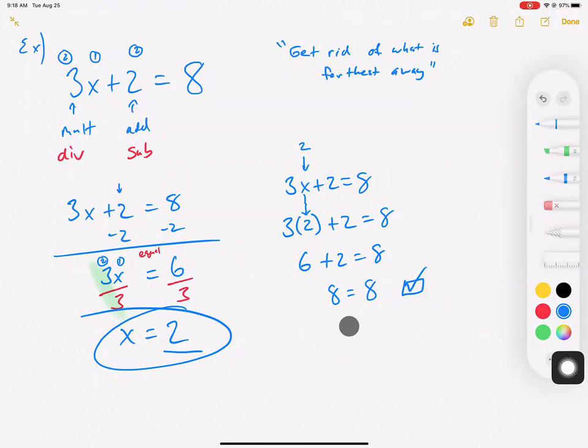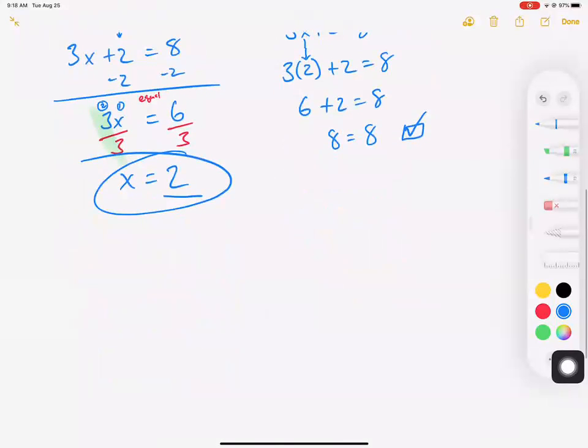So let's go ahead and try another problem. I'm going to make this more of a fraction problem now.